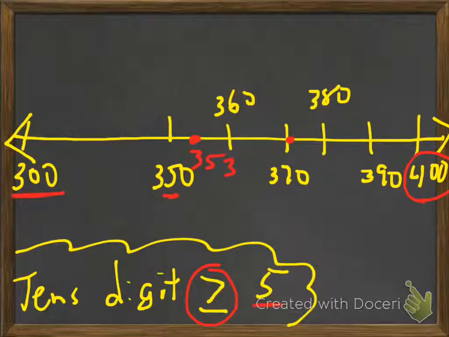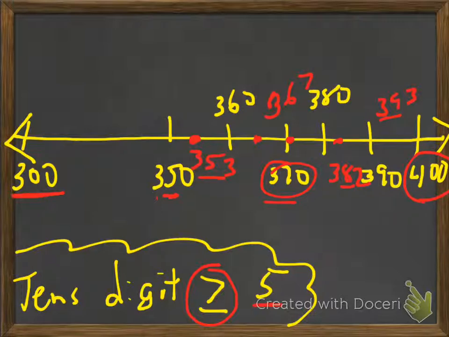We could choose 370. We could choose 382. We could choose 393, and then we have, let's say 1, 2, 3, 4, we need one more. Let's come back to 367. And all of these qualify, so let's take a look at them.